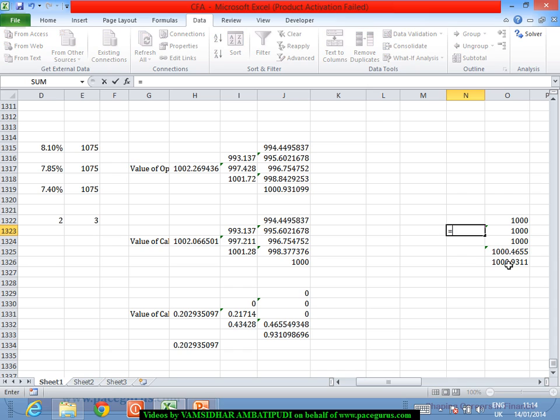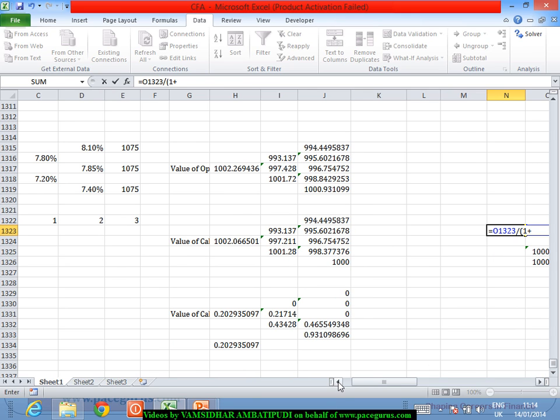I take the present value, which is this divided by the interest rate at the end of one period. And I need to add 75 because it's a coupon bond. I'll add 75 more to it.